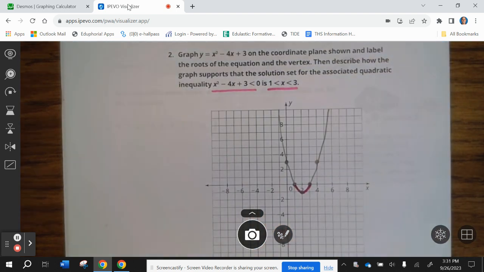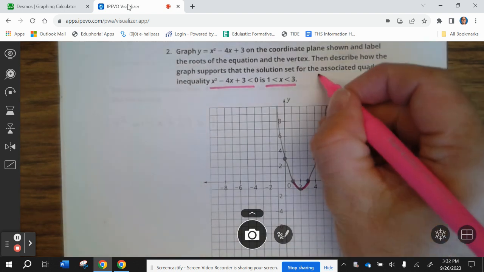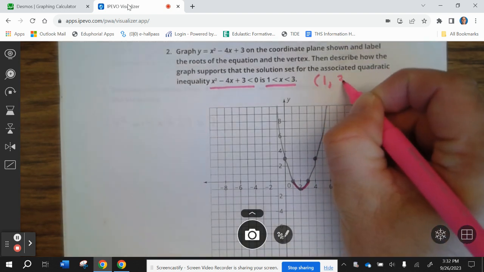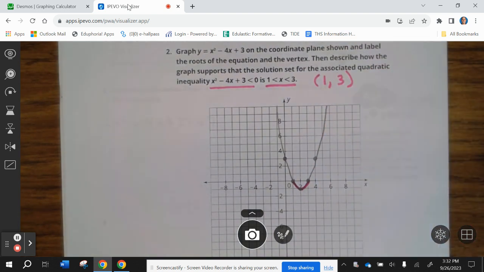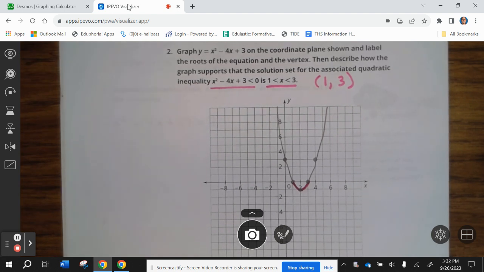Okay? Which can also be written as parentheses 1 comma 3. All right, let's take a look at the next page.